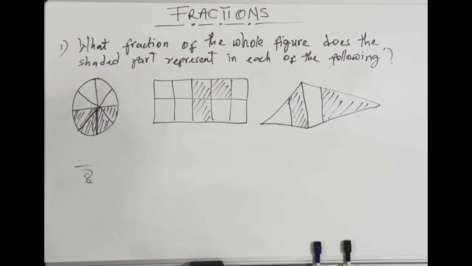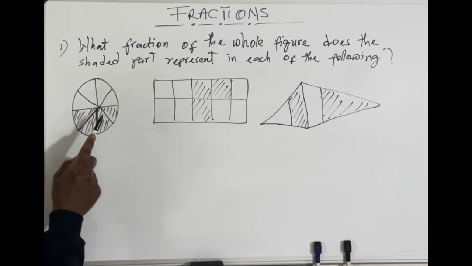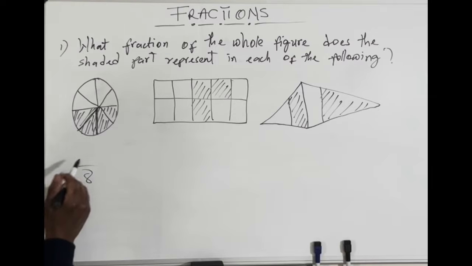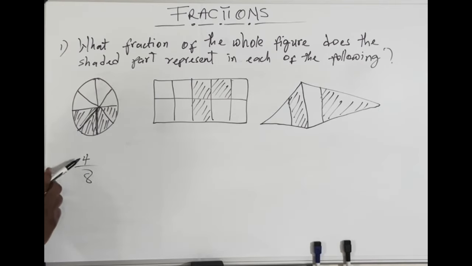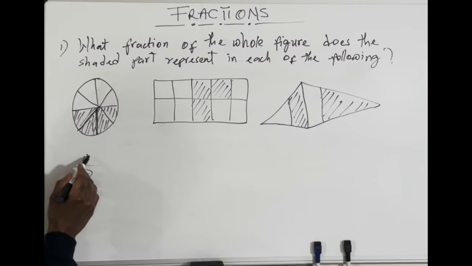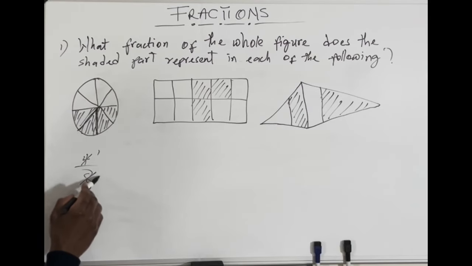Then you bring the over sign and then you count the number of shaded regions. 1, 2, 3, 4. So it's 4/8. And then when you are told to simplify to the lowest form, you just divide through by 4. So 4 goes here 1 and then goes here 2. 1/2.